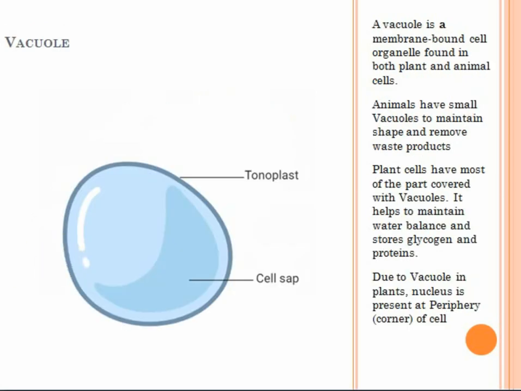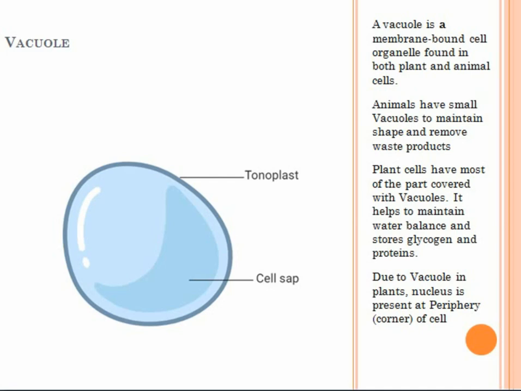Now, our last organelle is vacuole. Vacuole is present in both plant and animal cell. Animal cell has small vacuoles to maintain shape and remove the waste products from its cell. But plant cell has most of the part covered with vacuoles. It has 50 to 60% part covered in vacuoles, and these vacuoles also help to maintain the water balance, and store water, glycogen, and proteins.